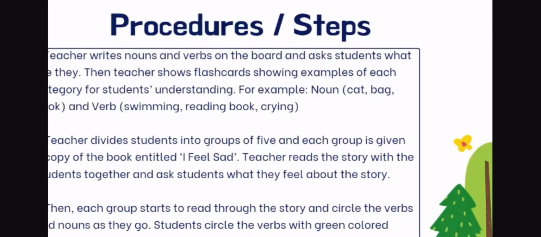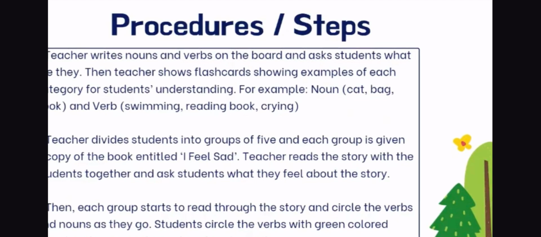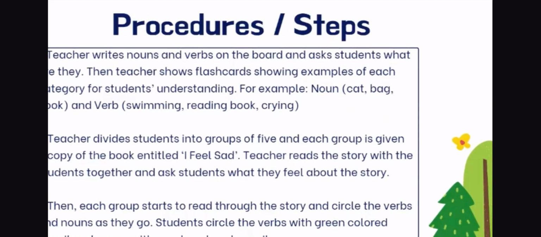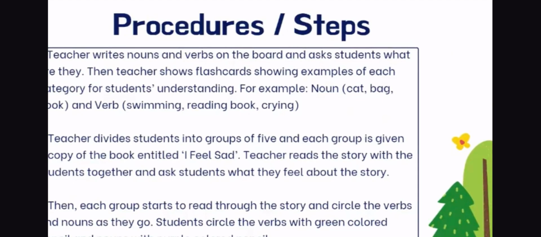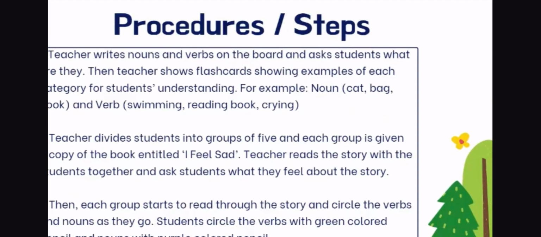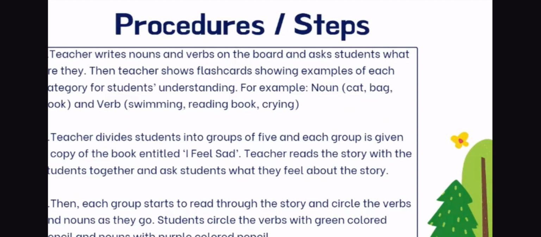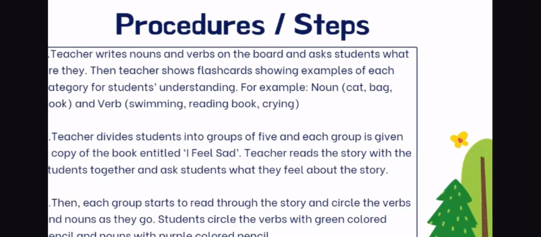Okay, and during this step, as students go through the story, they will be asked to circle the verbs and nouns, just like what they have learned at the first step. So during this step, they will be able to implement the understanding that they have gained from the first step at the earlier phase of the activity, which is the understanding of verbs and nouns, by finding them in the book and circling them using colored pencils.